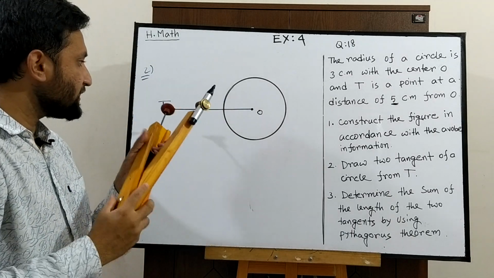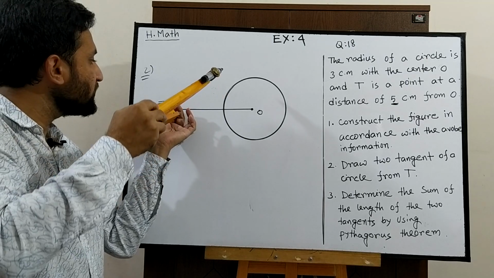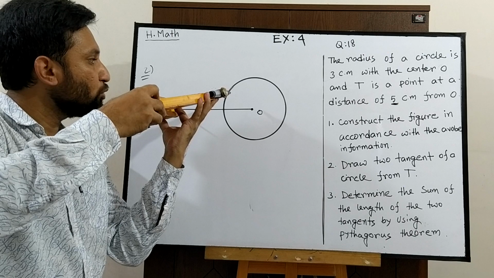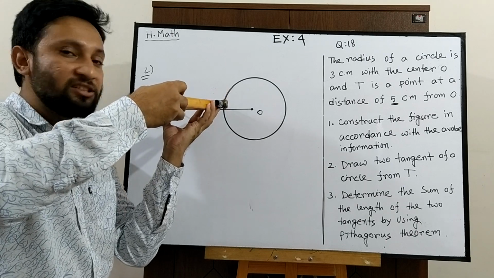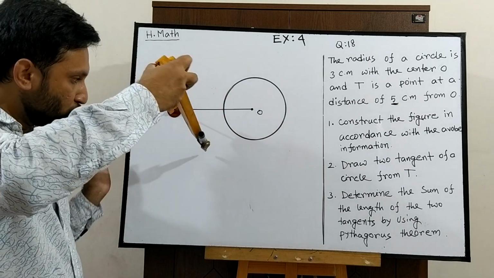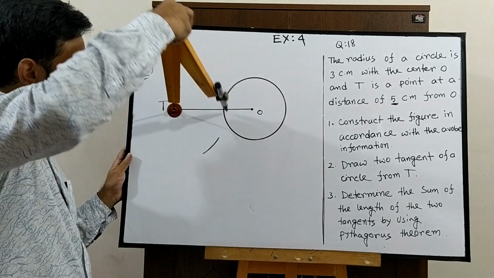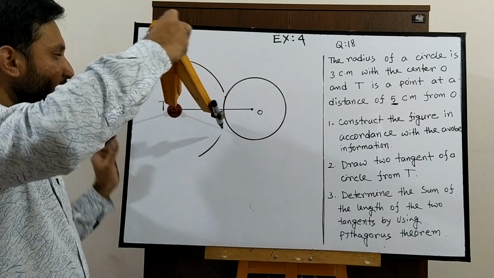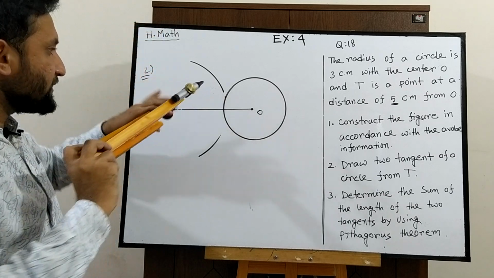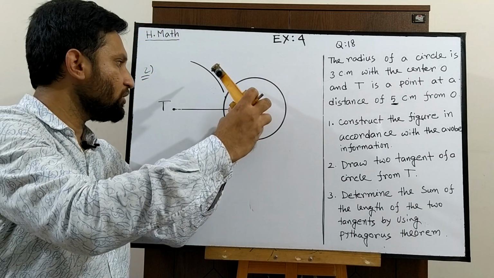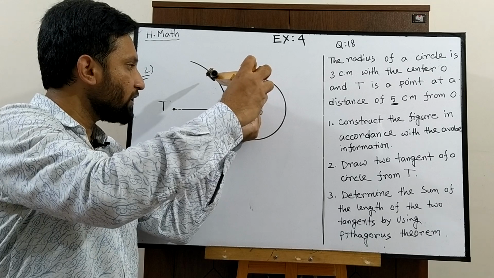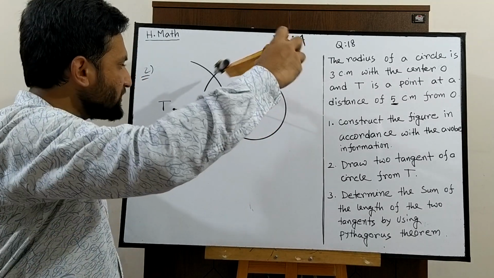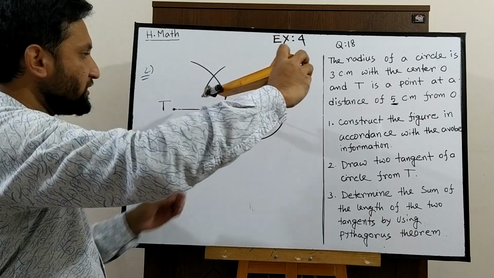At first set the compass on point T with a measurement more than half of TO. Draw 2 arcs, lower part and upper part. Again set the compass on center O and draw arcs, upper part and lower part.